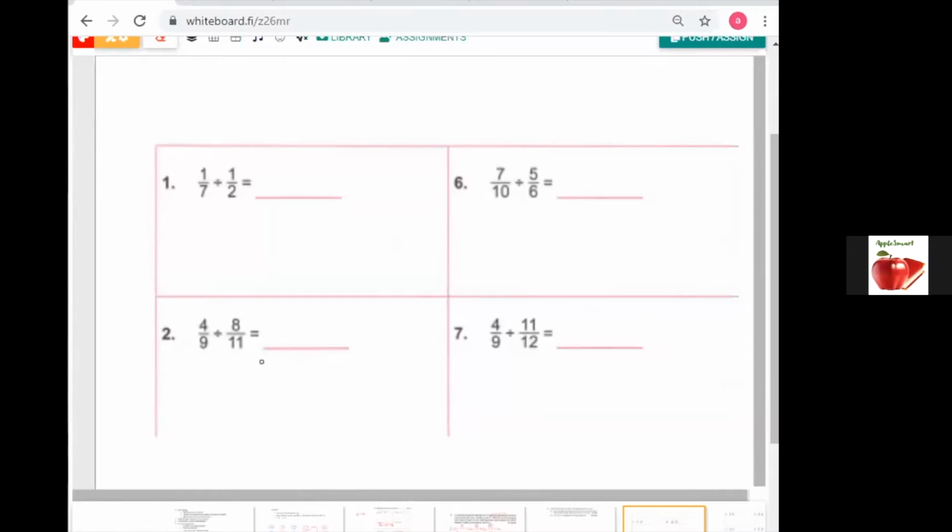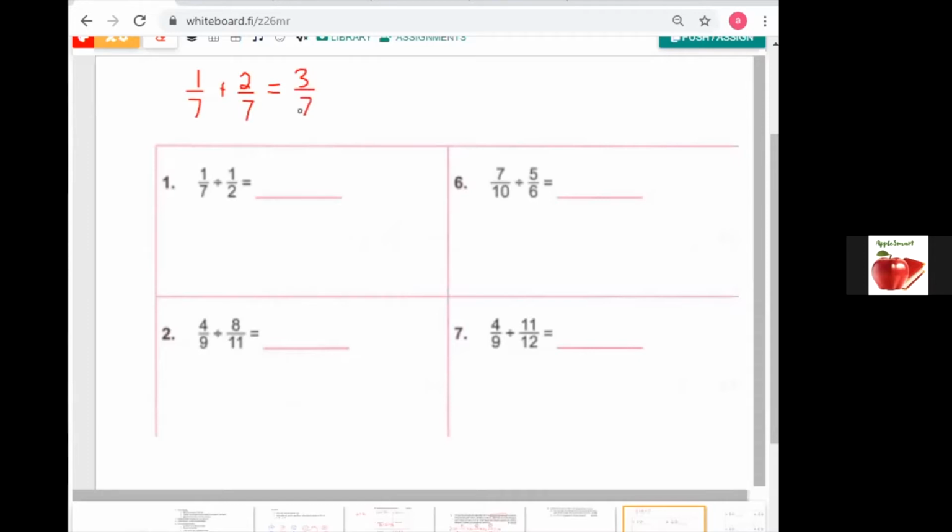So 1/7 plus 1/2. Can you add that the way it is? How about this? Let me ask you a question first. Can you add 1/7 plus 2/7? Yes, you can. Why can you add those? That's right. 3 over what? 3/7.